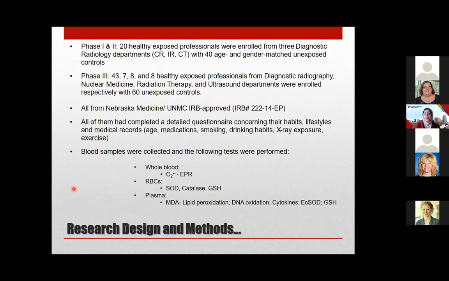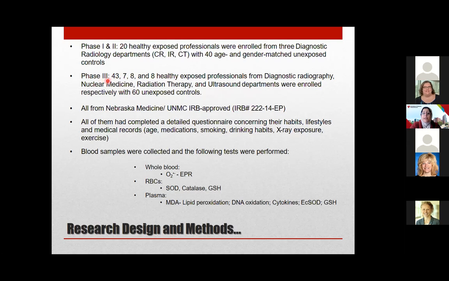For the methods, in phases 1 and 2, we recruited about 20 healthy exposed workers working in diagnostic radiography at different occupational settings such as CR, IR, and CT. We also have 40 age- and gender-matched controls.